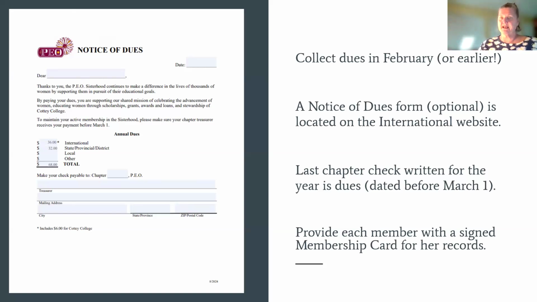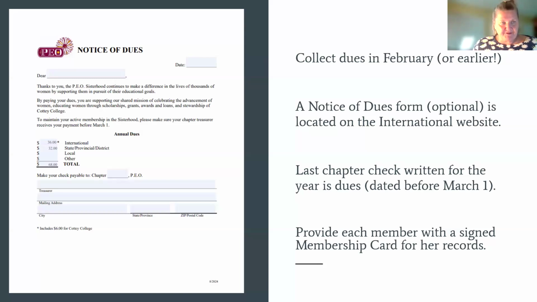You must have your dues turned in by February 28th or 29th. If we do not receive that, then you are marked as inactive, as Teresa said. So there is this notice of dues.